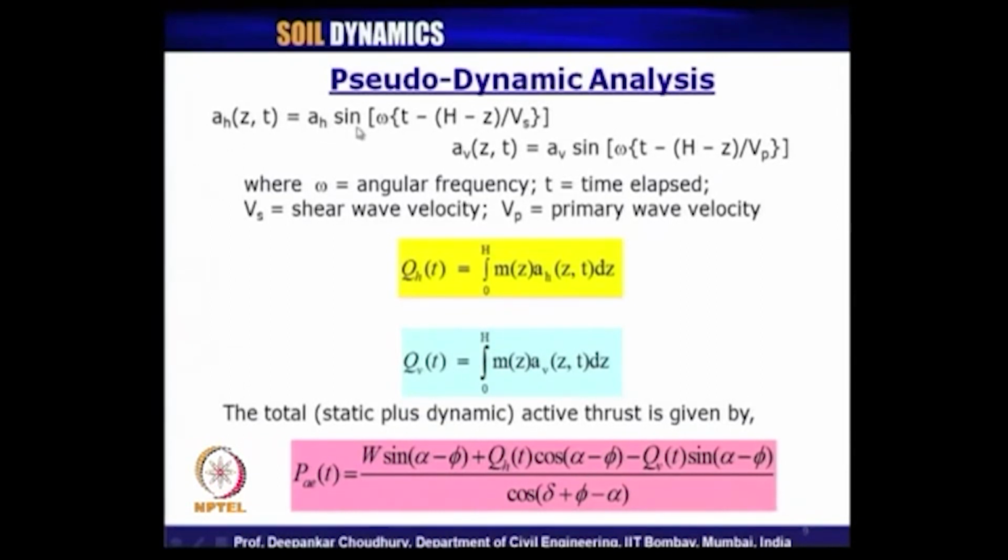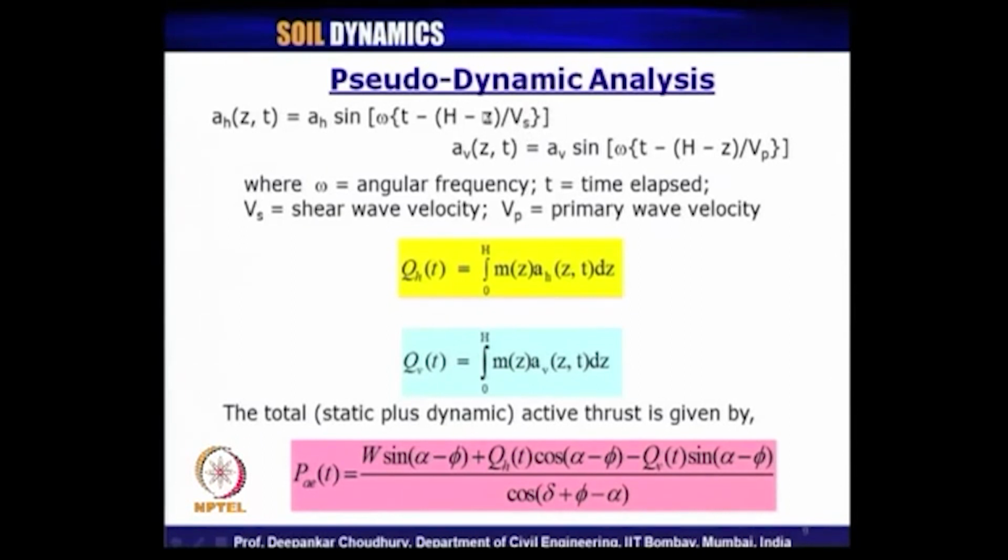An equivalent sinusoidal wave was assumed. H is the amplitude of that motion, omega is the frequency of the earthquake, h is the total height of the wall, z is the particular height where we are considering that infinitesimal element, and t is the time, the duration of the earthquake.